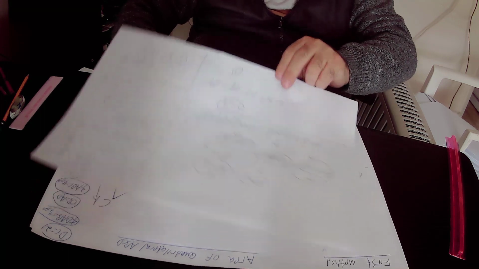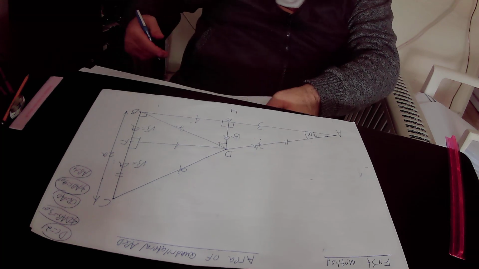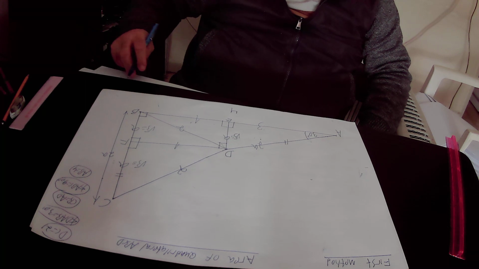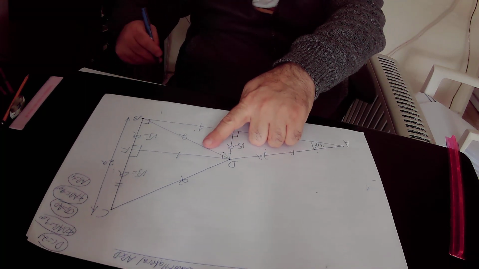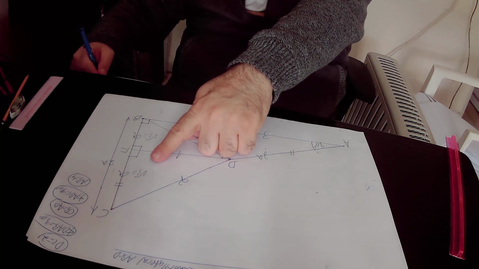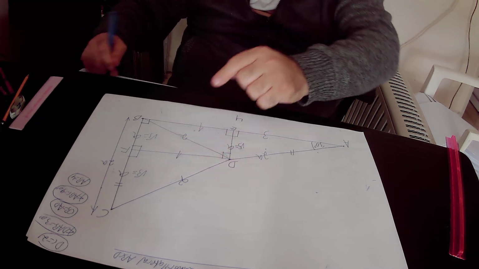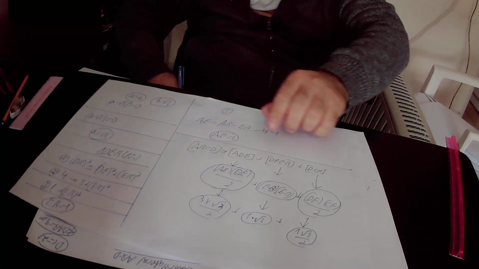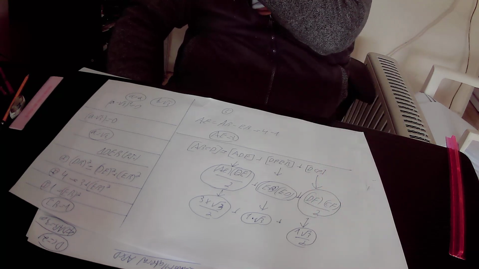Then the area of triangle DCF, this right triangle, equals the base of the triangle, that is DF, which equals 1, times the height of the base, that is actually the square root of 3 over 2. So the area of the right triangle DCF equals the square root of 3 over 2 square units.